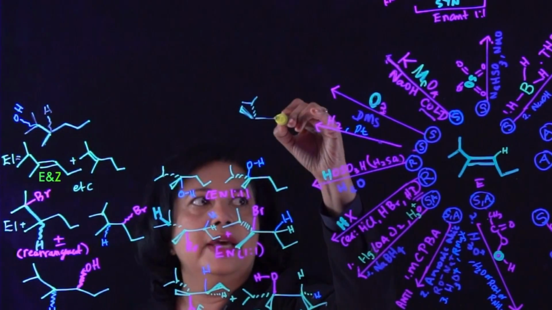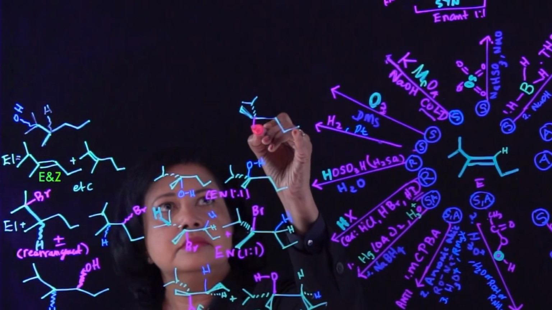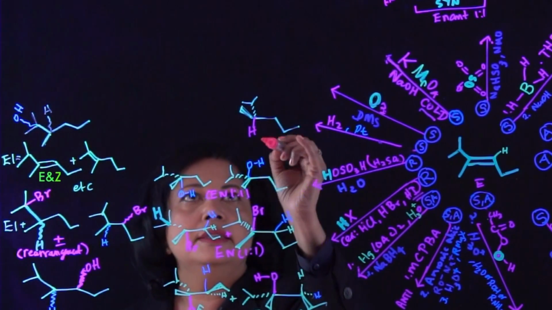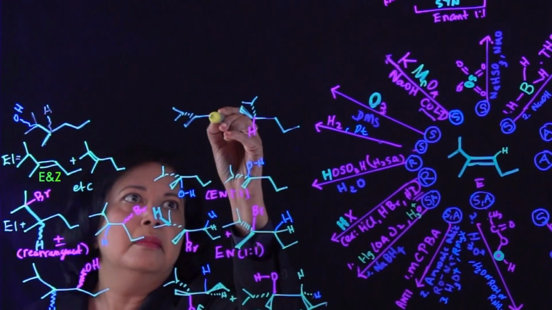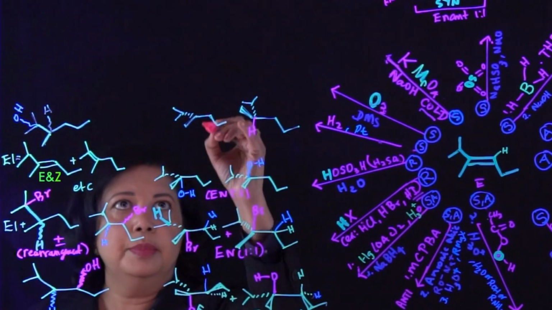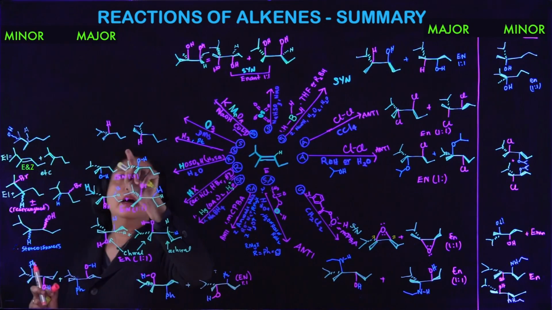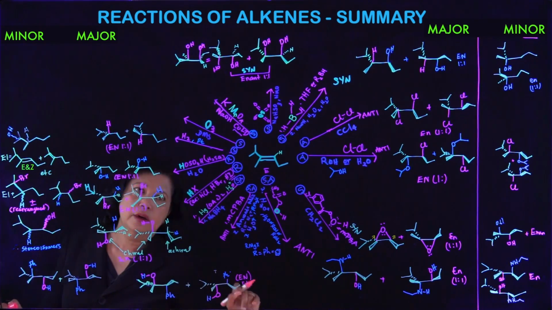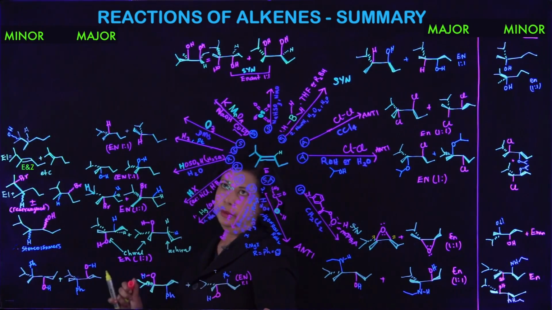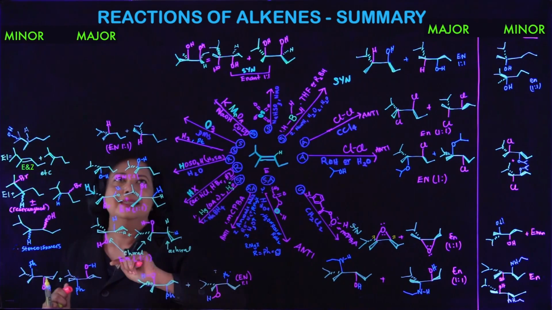And depending on that, you can get two different products. So you can get hydrogen down and hydrogen up. These are both going to be enantiomers, R and S. You have an equal opportunity of attacking from above and below. This center will become achiral.